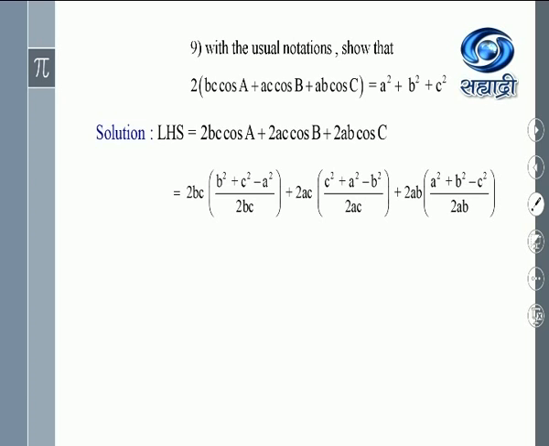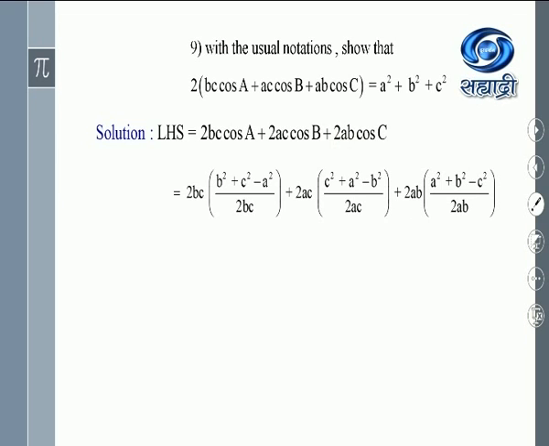Okay. Now here this 2BC we keep as it is, and for cos A we use the cosine rule, which is B square plus C square minus A square upon 2BC. We keep 2AC as it is and we write the formula for cos B, the cosine rule, which is C square plus A square minus B square upon 2AC.